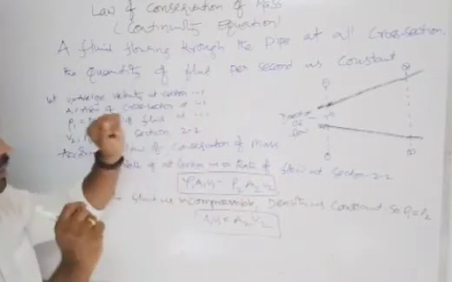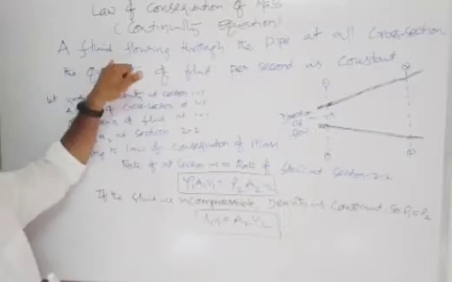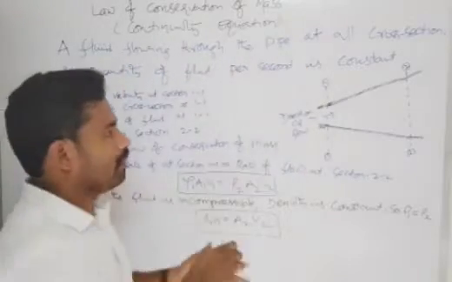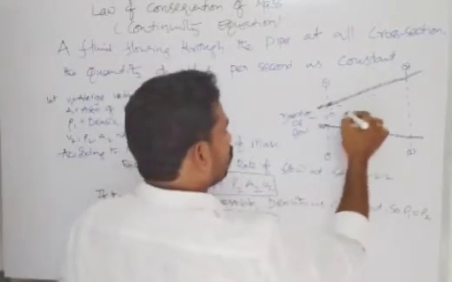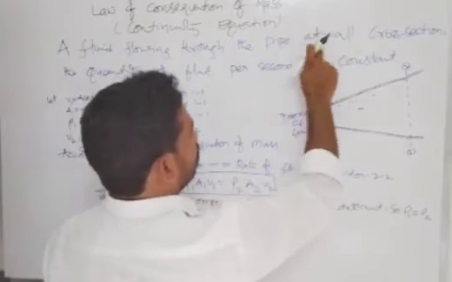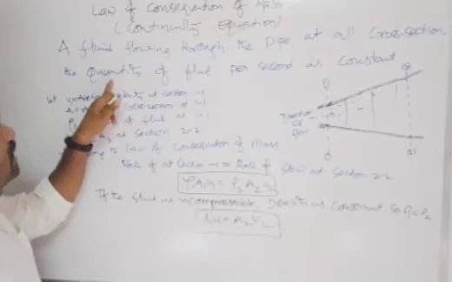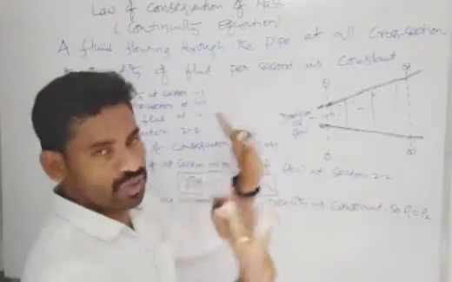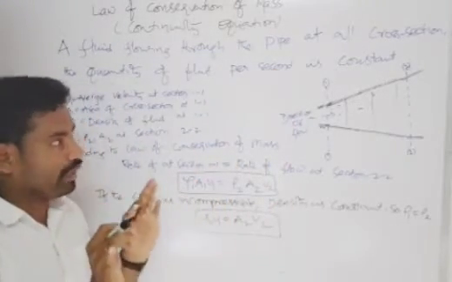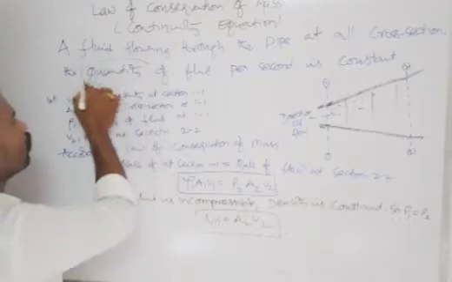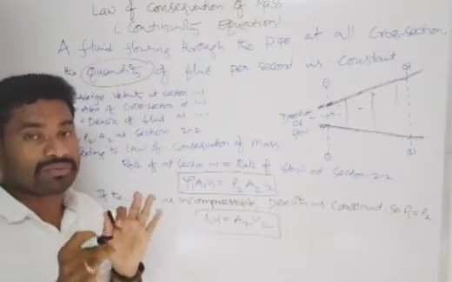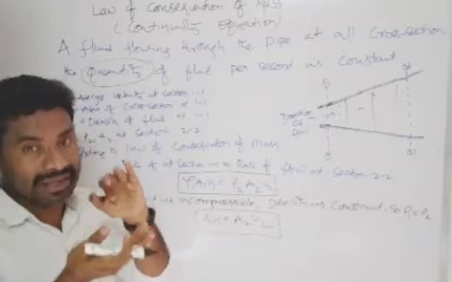Let's see the definition. For a fluid flowing through a pipe, at all cross sections the quantity of fluid per second is constant. The quantity of fluid is in terms of mass, in kilograms.